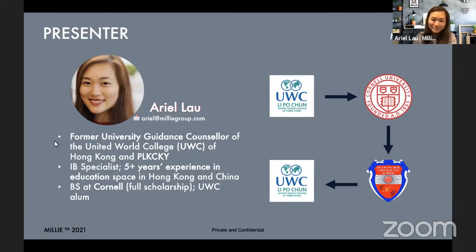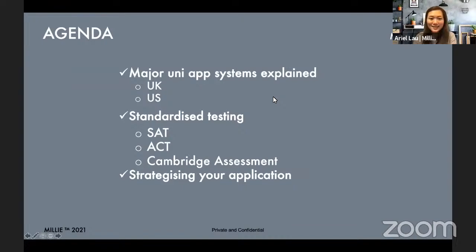Okay. Now let's take a look at today's agenda. Today we're going to be mainly focusing on two major university application systems worldwide, namely the UK university application and the US application. The reason we're focusing on these two countries is that they are the first countries students would look at when they think about studying abroad. We're going to decipher how these two countries' university application systems work.